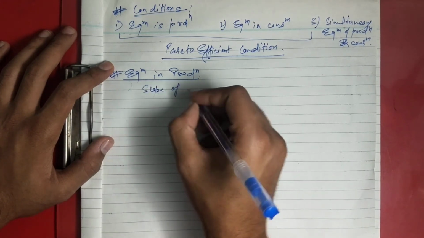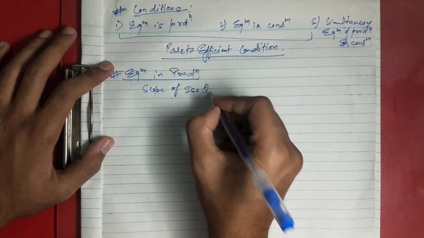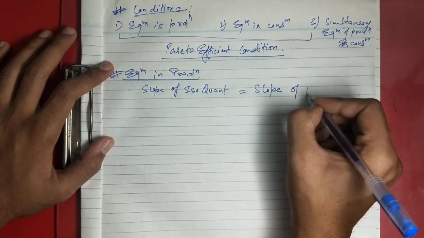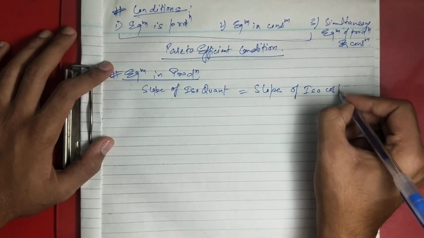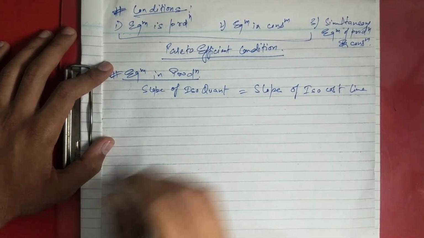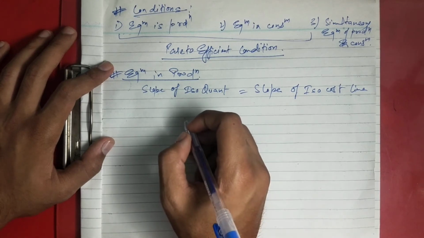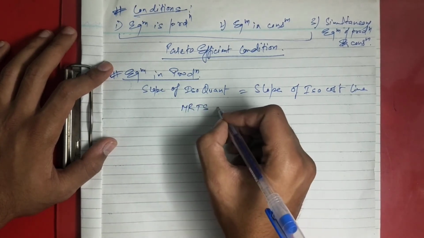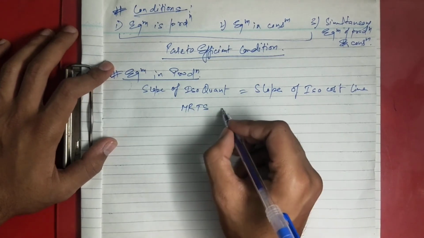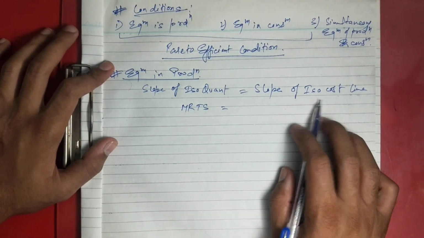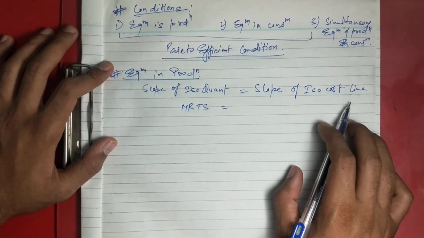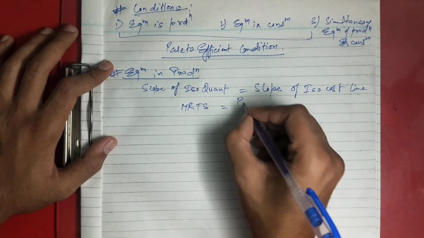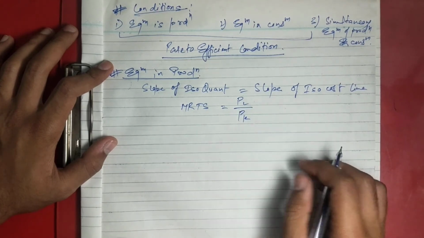so you can directly write slope of isoquant is equal to slope of isocost line. If you remember, what is the slope of isoquant? It is MRTS, the marginal rate of technical substitution. And what is the slope of isocost line? It is the ratio of price of labor and the price of capital, so PL upon PK. Okay.